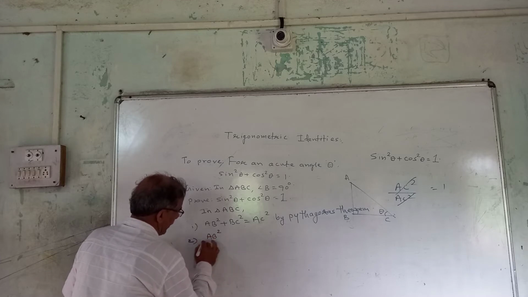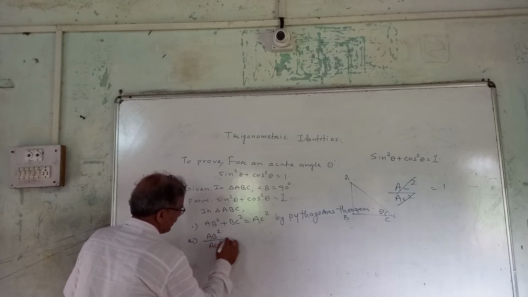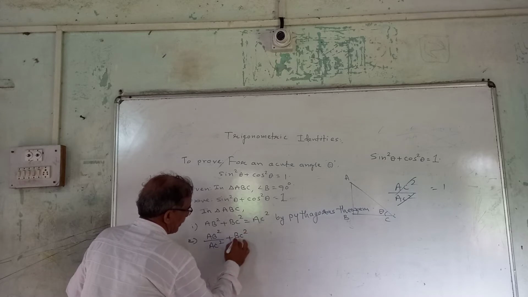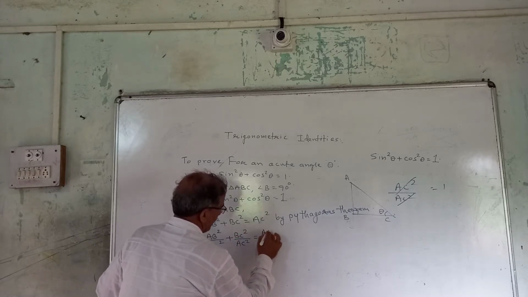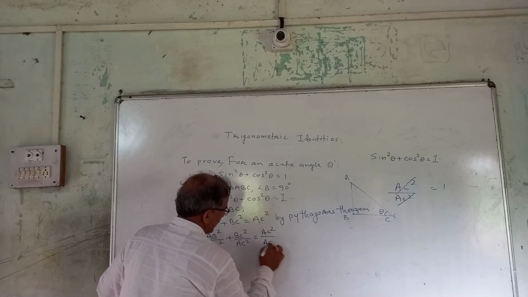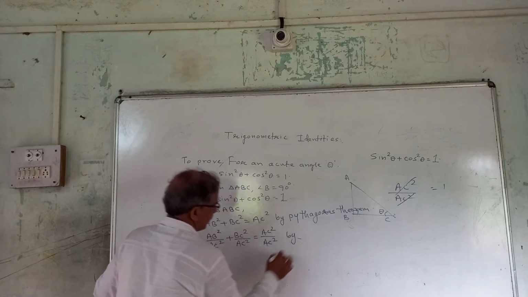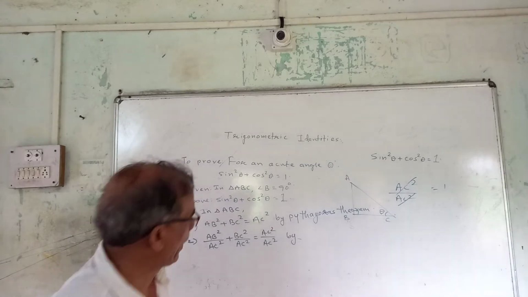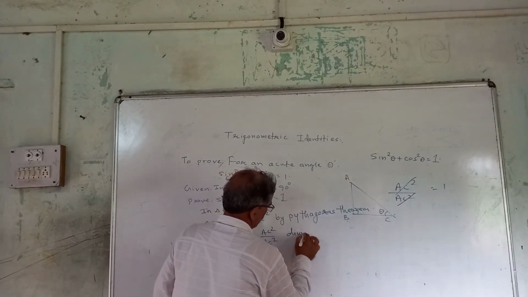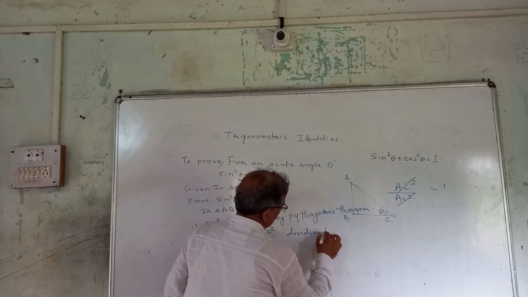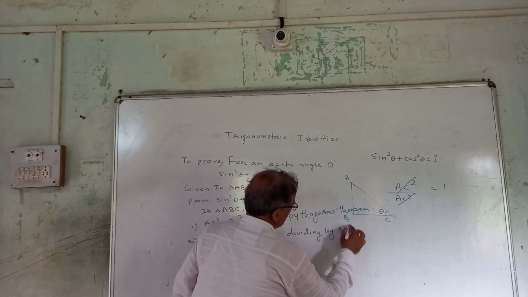Okay, now I am dividing by AC square each term. So AB square upon AC square plus BC square upon AC square should be equal to AC square upon AC square. Dividing by AC square.